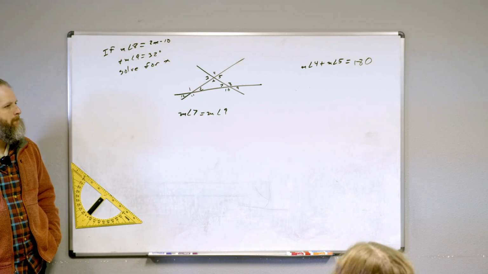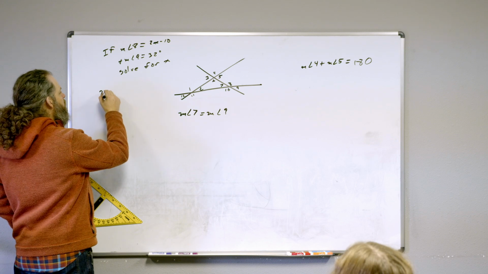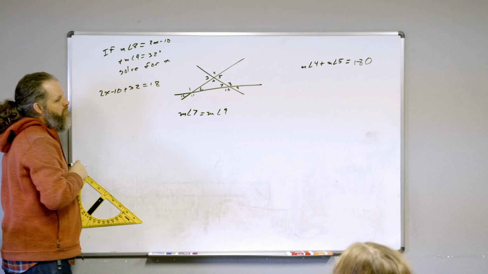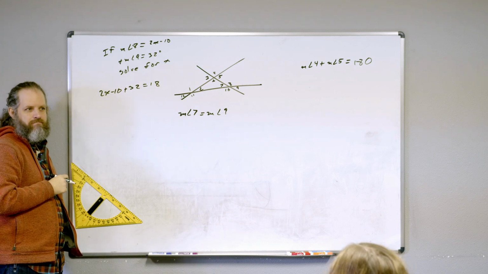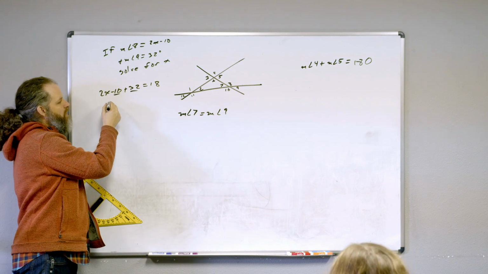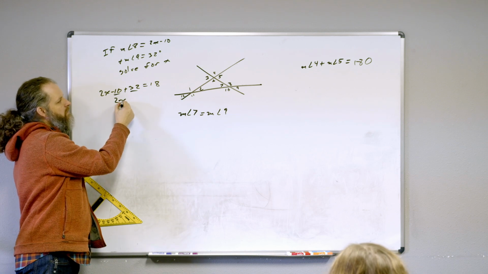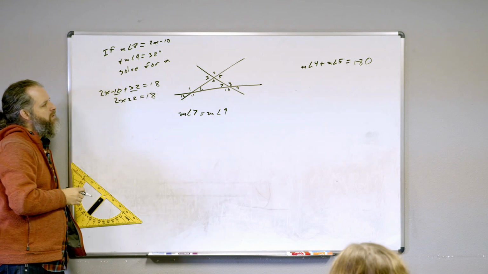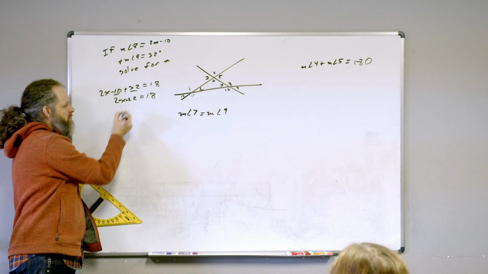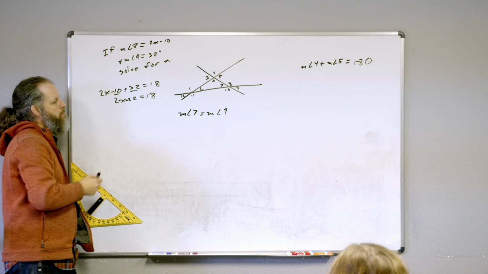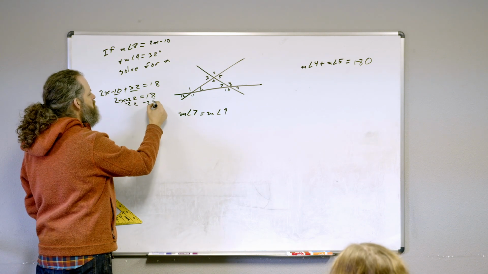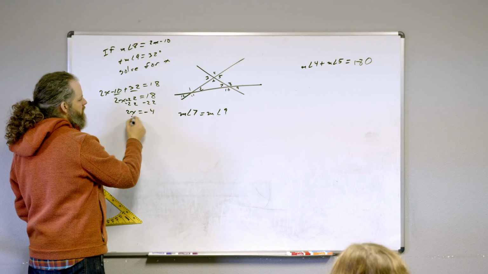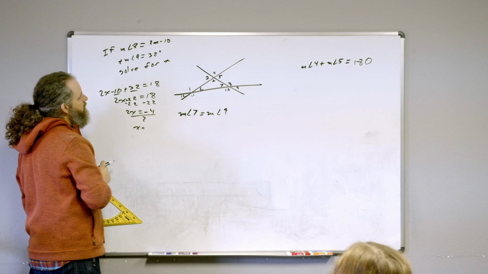What should we do? 2x minus 10 plus 32 equals 180. Great. What now? Combine like terms. So negative 10 plus 32 is what? Now what? Subtract 22. So 2x equals negative 4. Divide by 2. So x ends up equaling what?